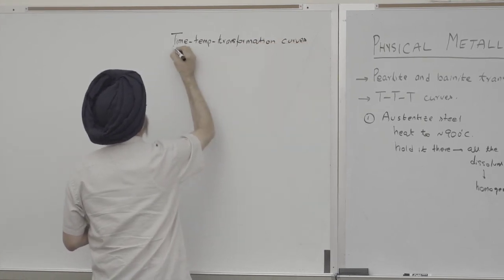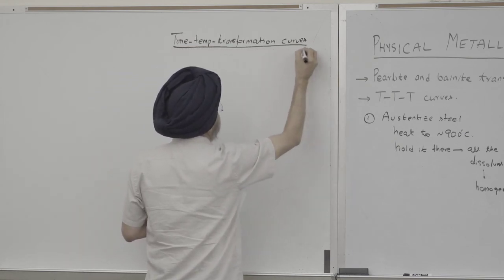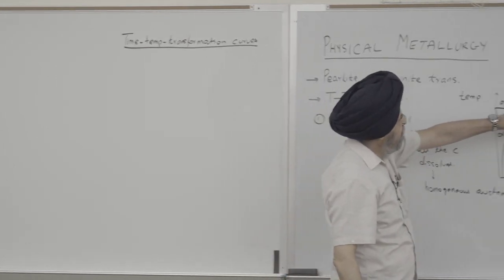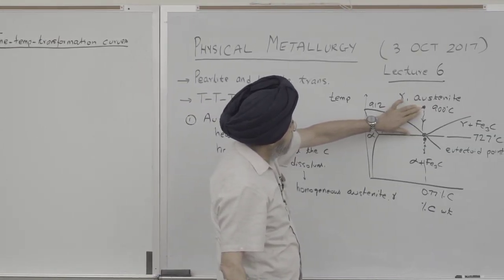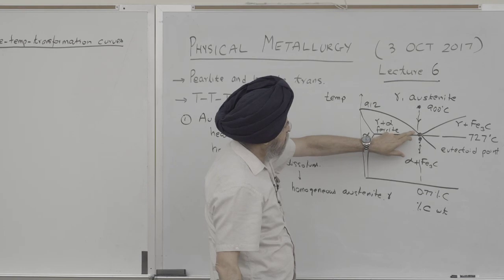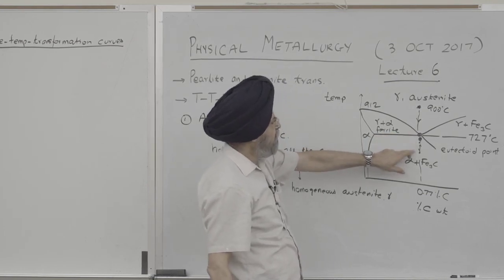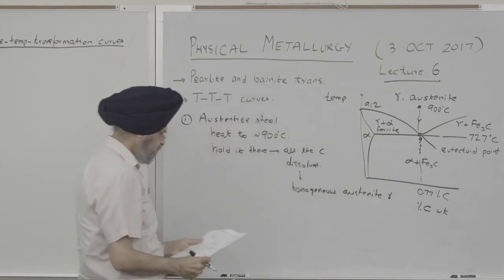What we want to do is to understand the behavior of the steel as we cool from austenite at 900 degrees centigrade, we get to the eutectoid. We want to understand quantitatively what happens below the eutectoid temperature.